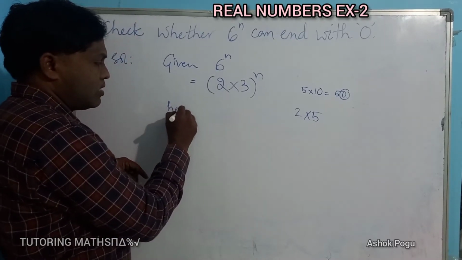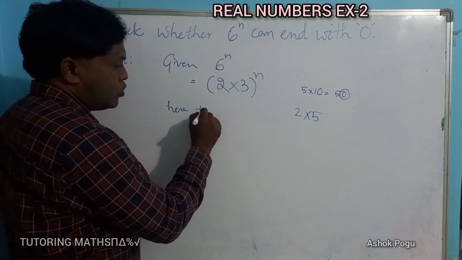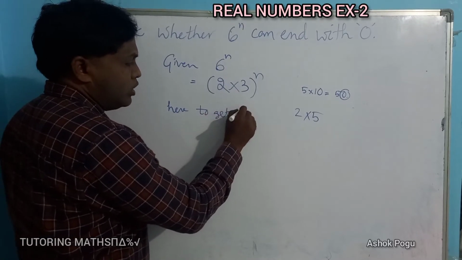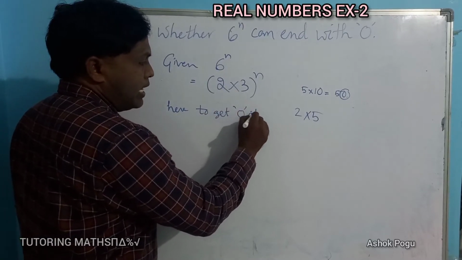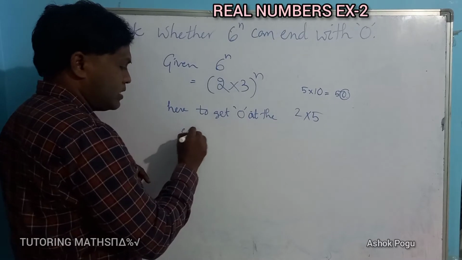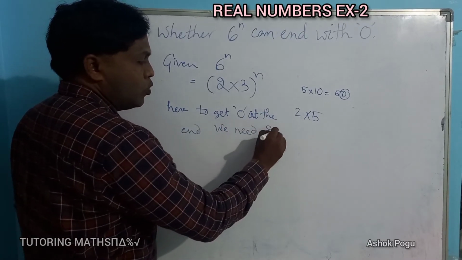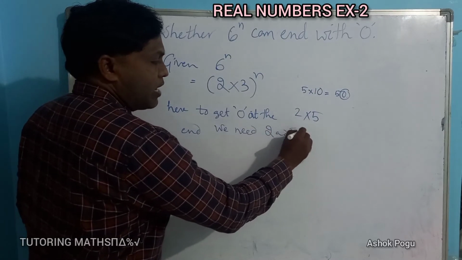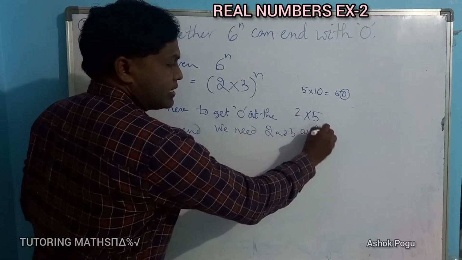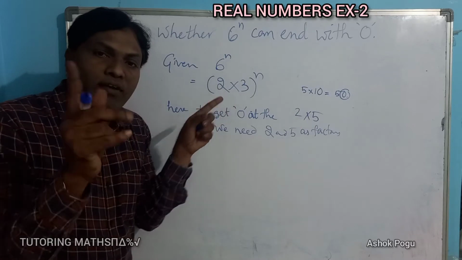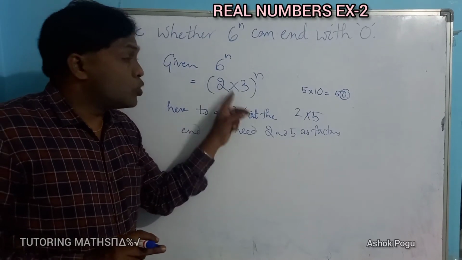Here, to get 0 at the end, we need 2 and 5 as factors. But here we have only 2 prime factors, 2 and 3.